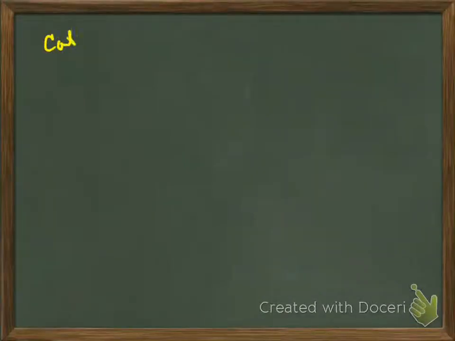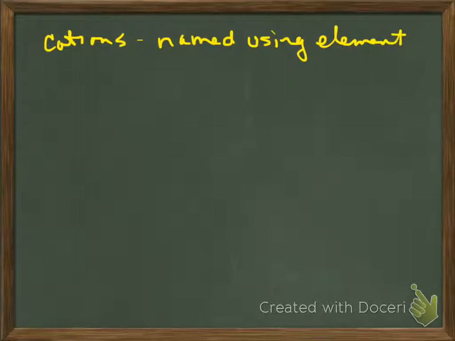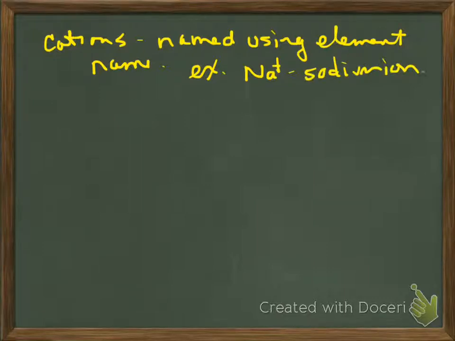Cations are named just using the element name. For example, Na+ is just called the sodium ion.